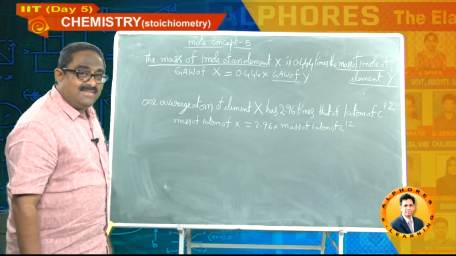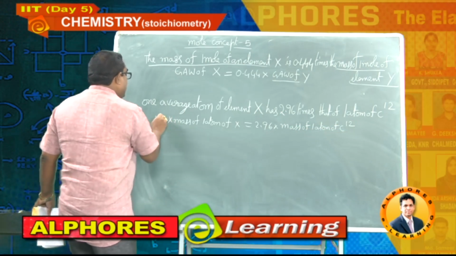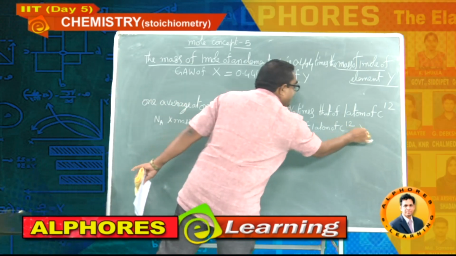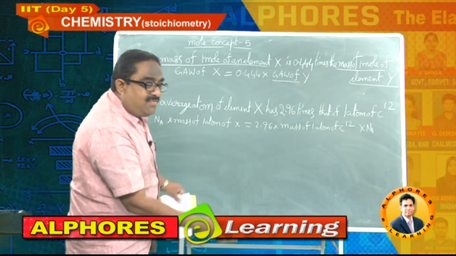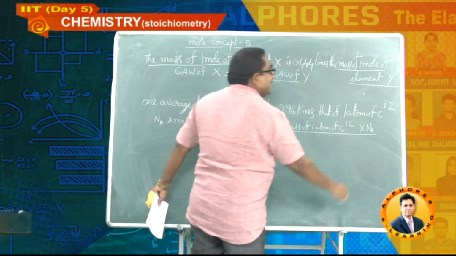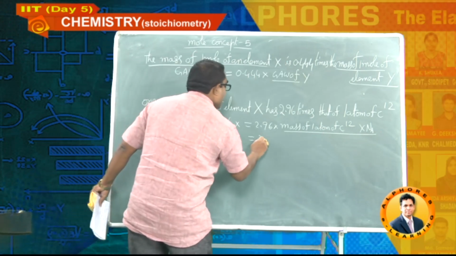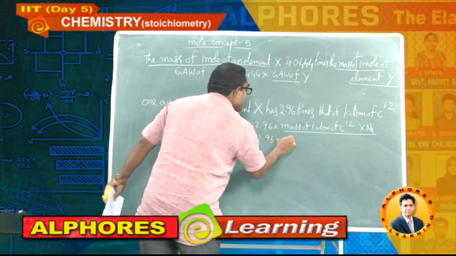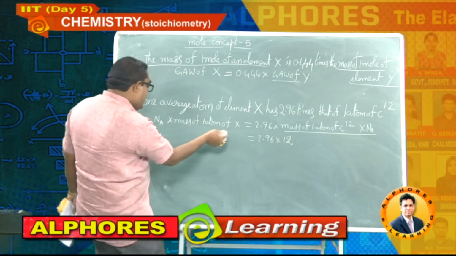I have written. See, observe students. I am going to multiply both sides with Avogadro number. So it becomes the mass of Avogadro number of atoms of C12. This is nothing but the gram atomic weight of carbon. So simply you can write 2.96 into 12 here. Right, students?